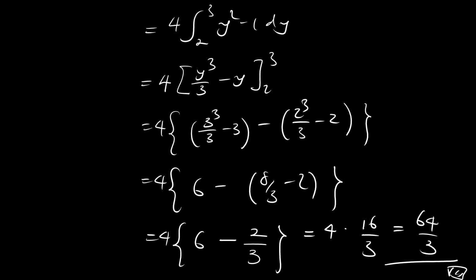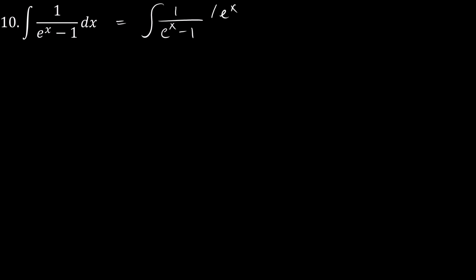Okay, so next we go to problem number 10, and then we close this series. Number 10, which is the indefinite integral of 1 over e to the x minus 1. The easiest thing here for us to do is we write the integral as it is, and then we divide by e to the x, both the numerator and denominator.